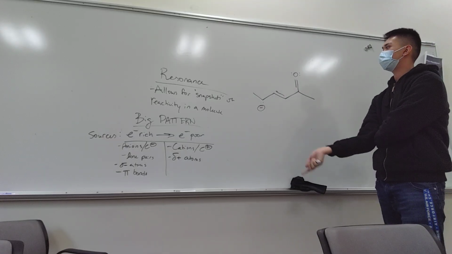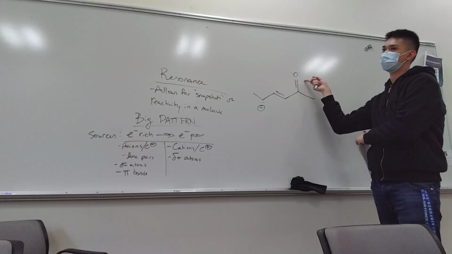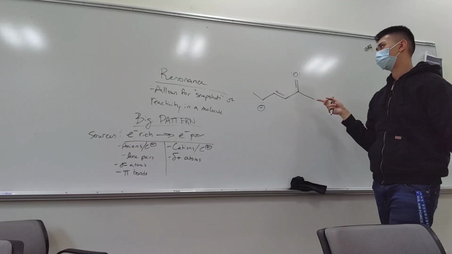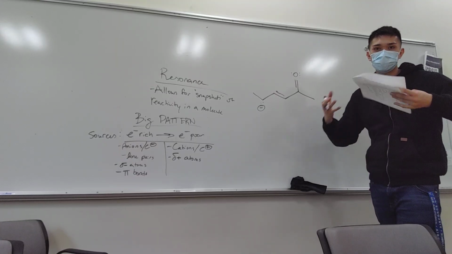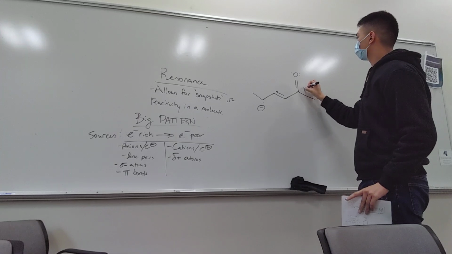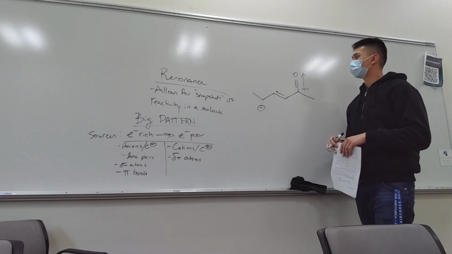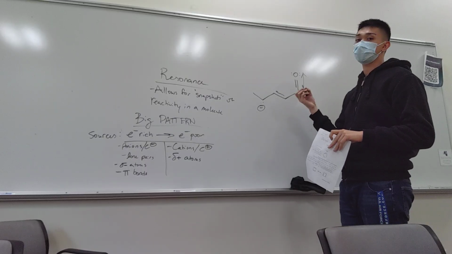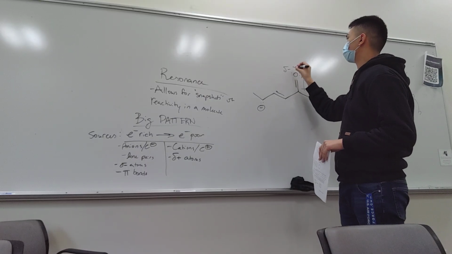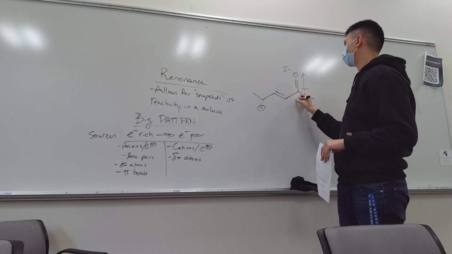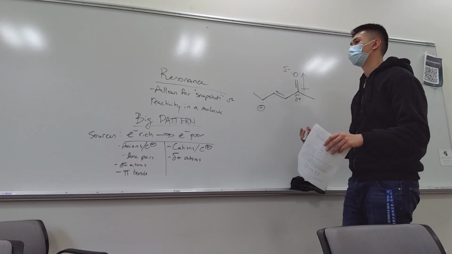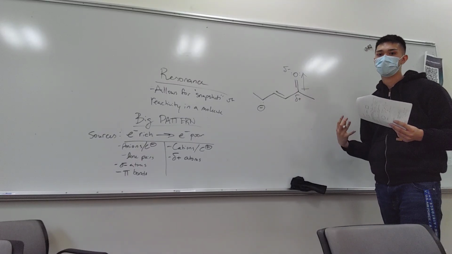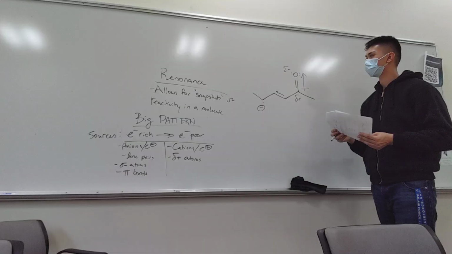Well, your hint is around this oxygen. This oxygen is what? Electronegative. So it'll pull electron density towards it. Dipole again to show that. And so this oxygen, while it may not have that negative charge, still has that partial negative charge. This carbon has a partial positive charge because electron density is being sucked away from it.